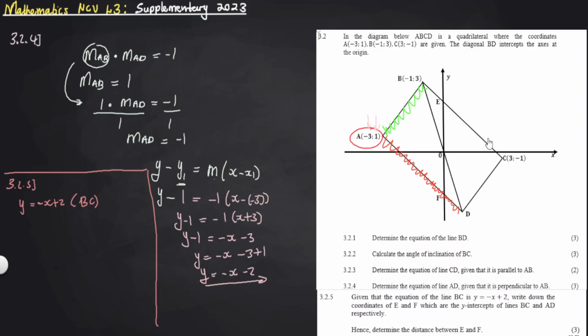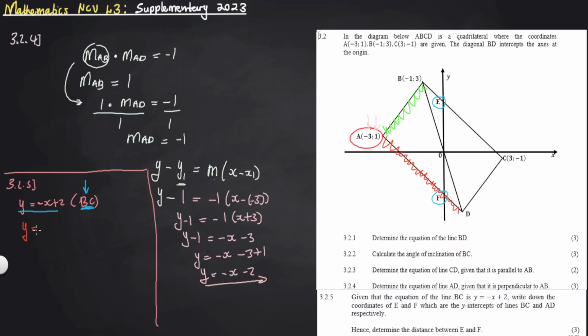The question says to write down the coordinates of E and F, which are the y-intercepts of line BC and AD. Let me put a color blue for E. This equation represents line BC.